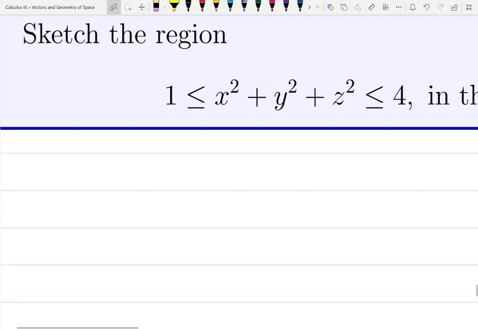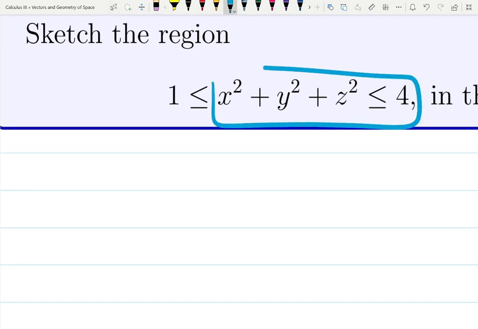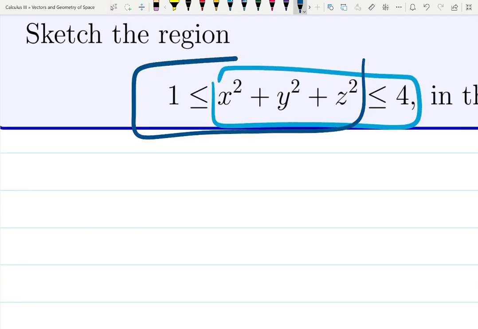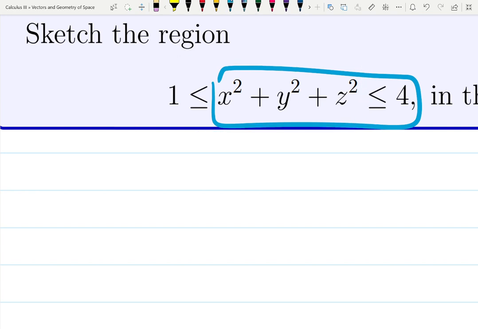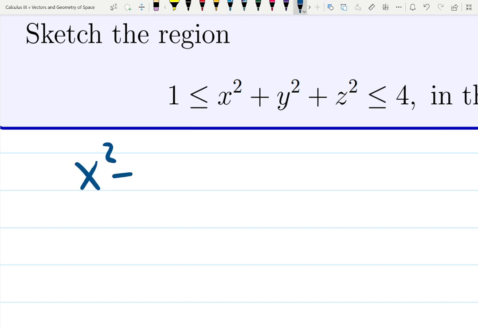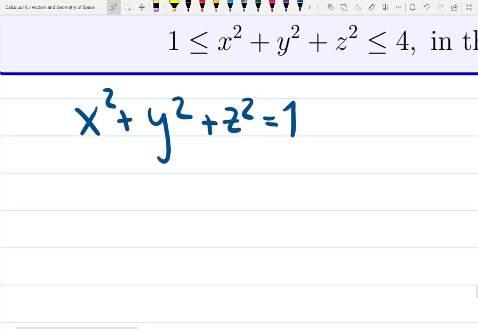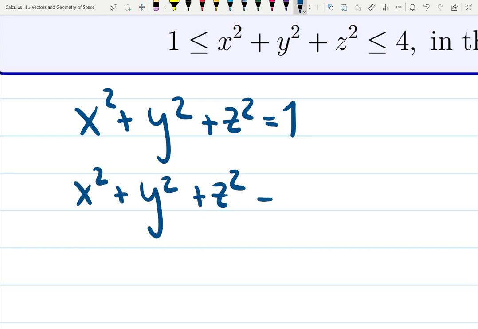So you should understand that this is one sphere, and then this is another sphere. You draw 2 spheres and then see what's happening. The first sphere has radius 1, so x squared plus y squared plus z squared equals 1. And the second sphere is x squared plus y squared plus z squared equals 4. Those are spheres with nothing inside.